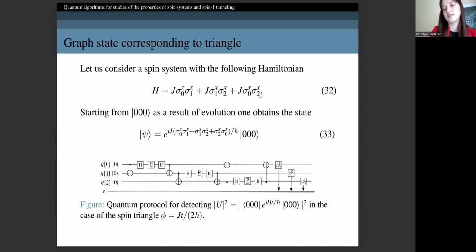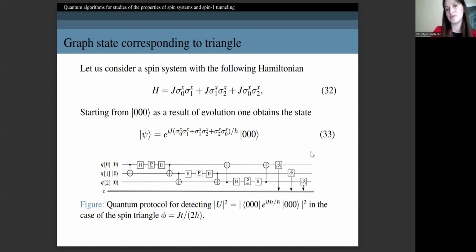So we have these three terms, and we have this operator of evolution, and this state is quantum graph state corresponding to triangle. This state can be prepared with quantum protocol, which is presented here. Then, on the basis of the results of measurement, we can obtain our mean values.